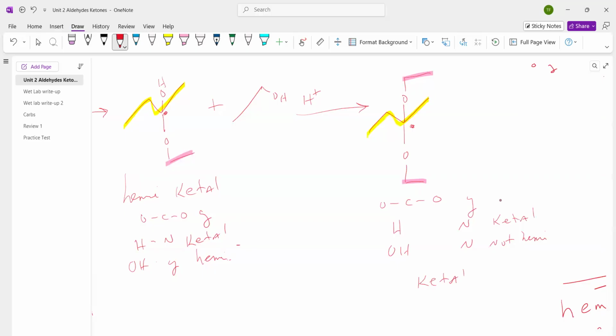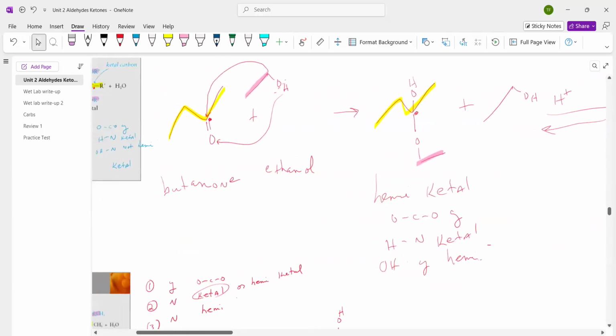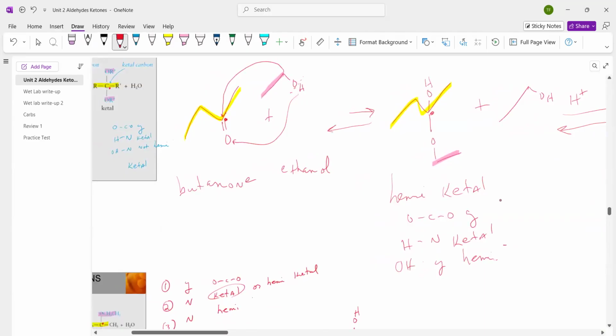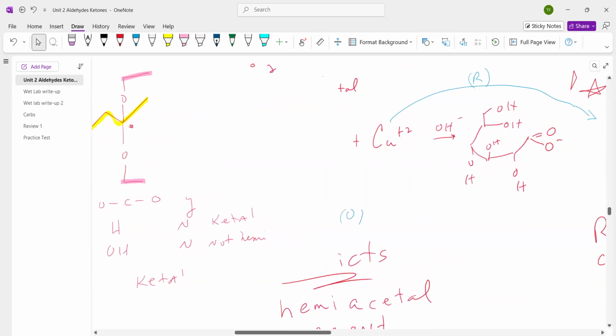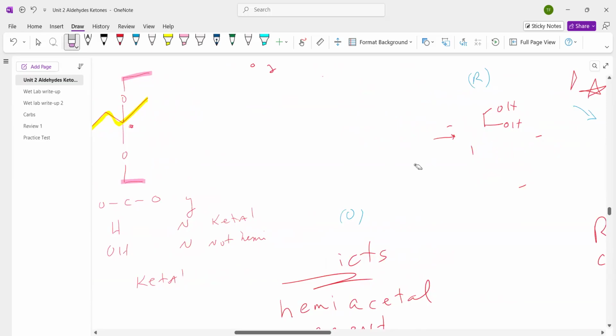And again, these can be reversed. Now, let me show you where carbohydrates come into play here. This is a Benedict's reaction.